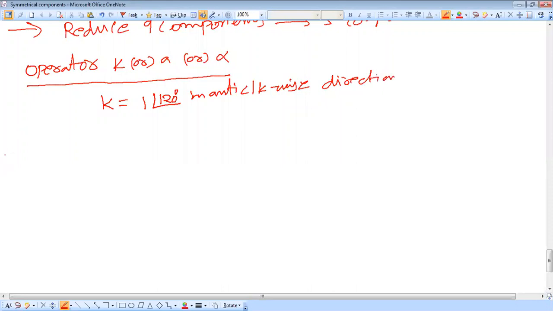Now I'm expanding K. In polar form, K equals 1 at an angle of 120. Expanding into rectangular form, that is cos 120 plus j sin 120. Cos 120 is minus sin 30, which is minus 0.5.